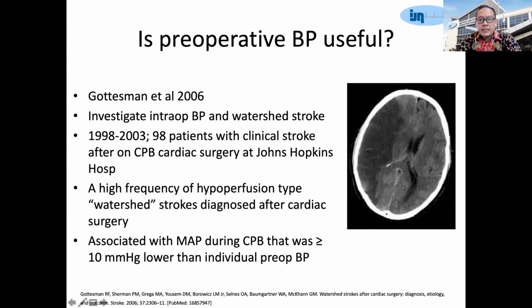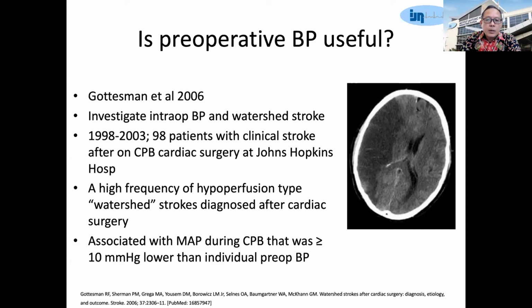So the question is, is considering a preoperative blood pressure useful for us to decide the perfusion pressure when we're running the cardiopulmonary bypass? This brings me to the study presented by Gottesman in 2006. What he did was investigate the association between the intra-op blood pressure and the incidence of watershed stroke. This was done between 1998 to 2003 in Johns Hopkins, where he investigated 98 patients that developed clinical stroke.